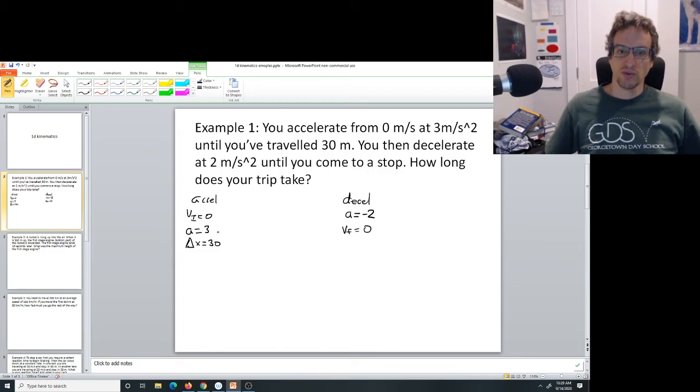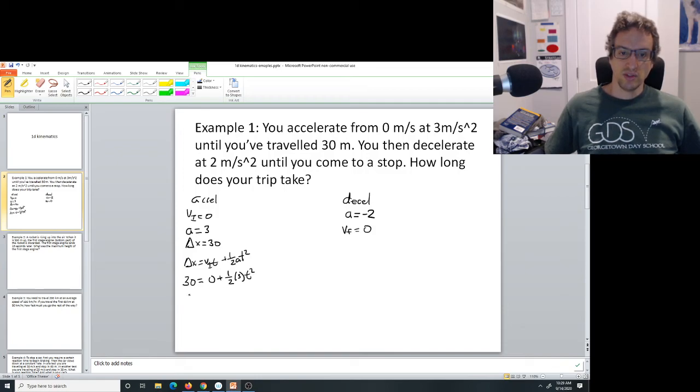Let's go back to this first part, this acceleration here. I want to find time. If I have those three values and I want to find time, the best equation is change in x equals v initial times time plus 1/2 at squared. This is 30 equals 0 plus 1/2 times 3 times time squared.